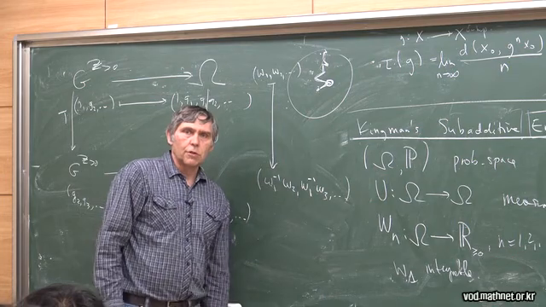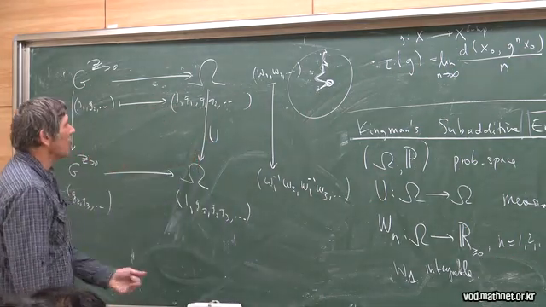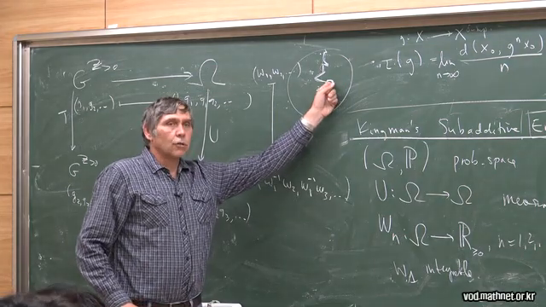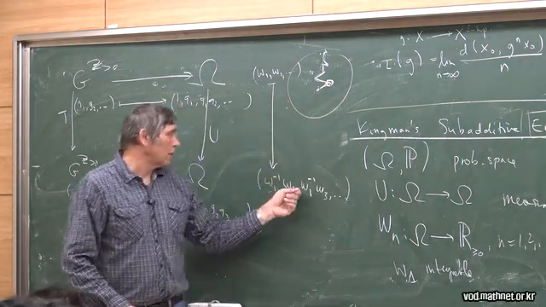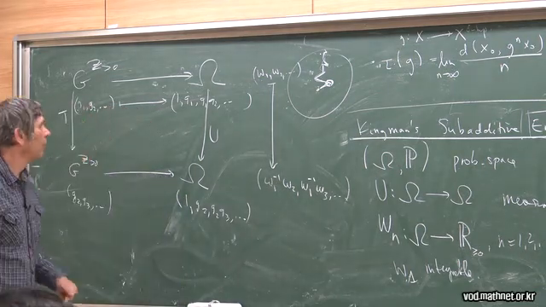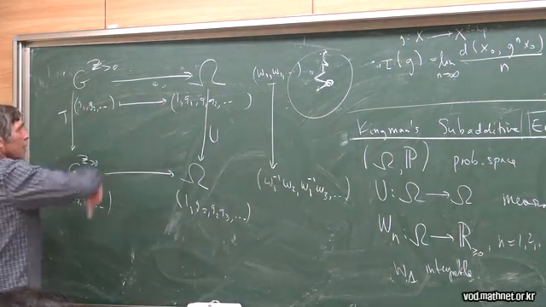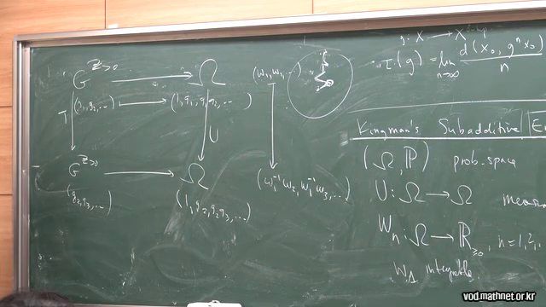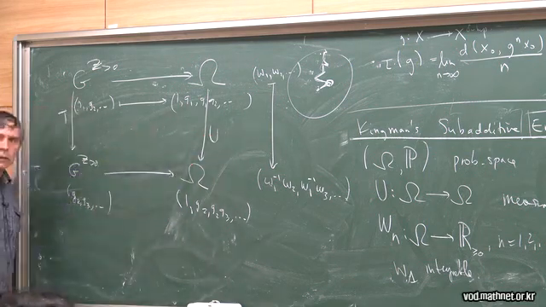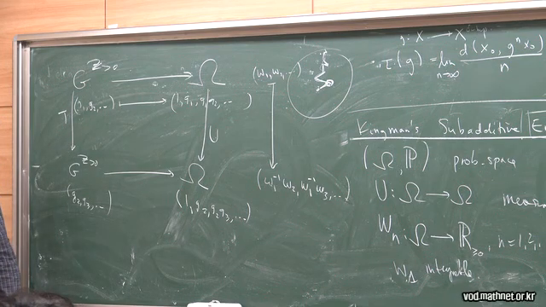That would be the usual shift. But you really want to start at the same base point, not at some other point. This point here is omega 1. So to start at the base point, you multiply on the left by omega 1 inverse, and that's this u. And you can check that this diagram commutes, so that this u should really be thought of as being the correct shift on the space of paths.